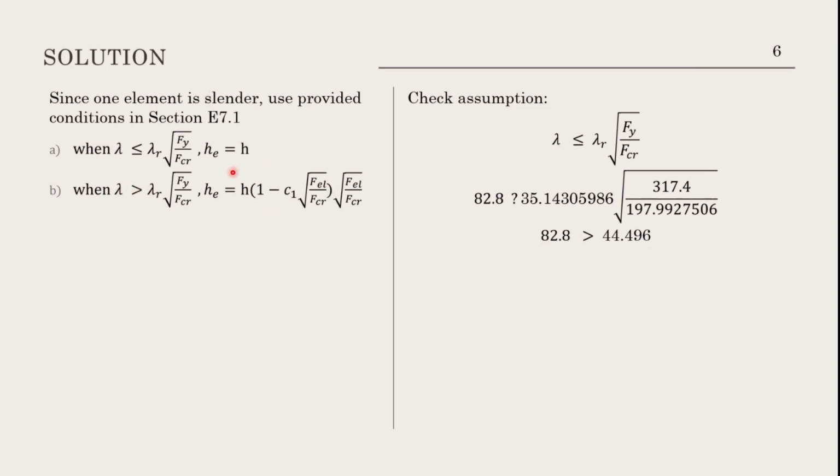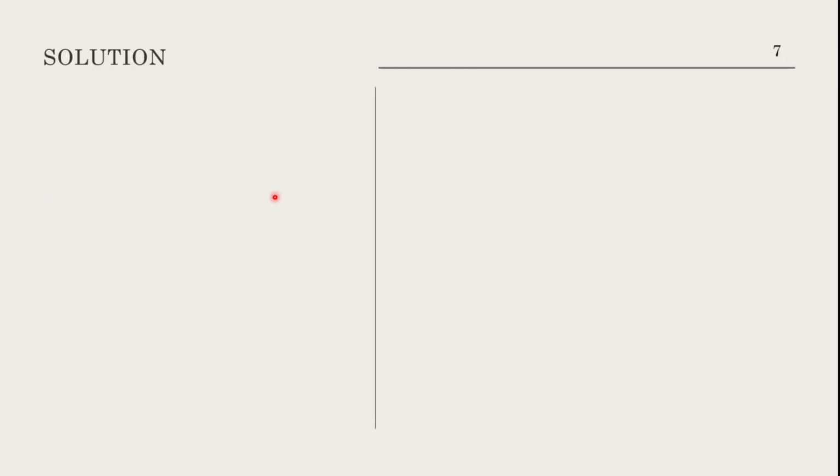So if that is the case, we will use this as the formula for calculating the effective dimension HE. Okay? So we use condition B. So we are incorrect in our first assumption that it is less than, so it is greater than, therefore we will use this formula. Okay?